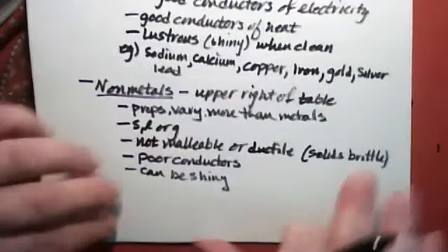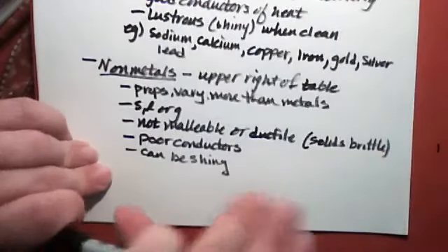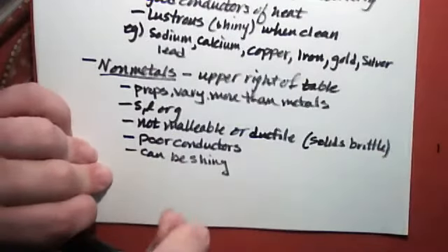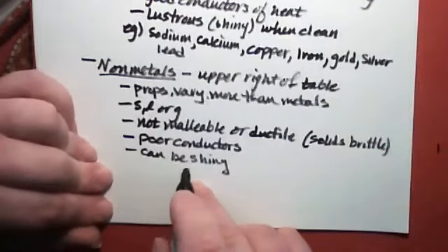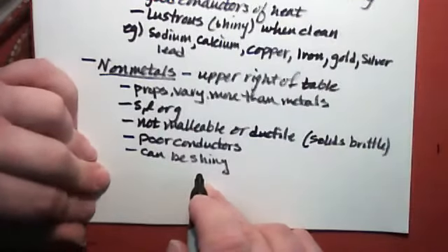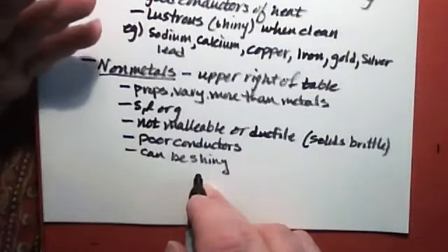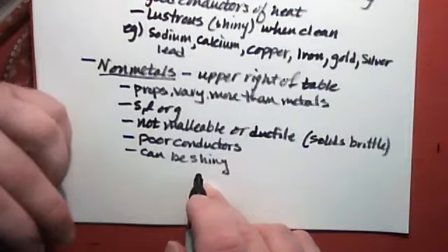They can be shiny, but not all of them are, because obviously some of them are gases, and it's hard for a gas to be shiny. But some of the solids can be shiny. Even graphite is actually kind of shiny. Diamonds are very shiny.